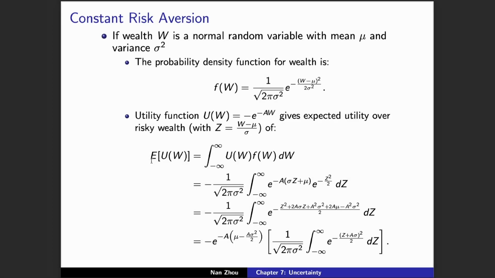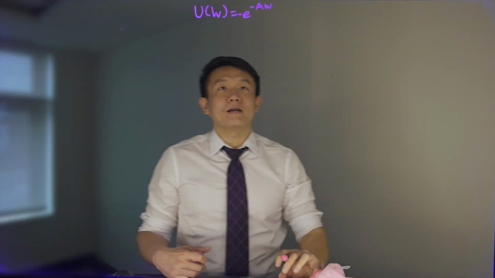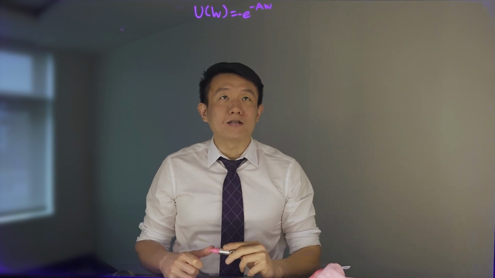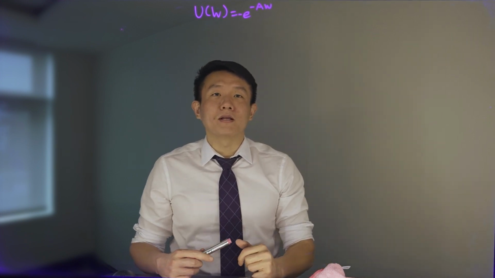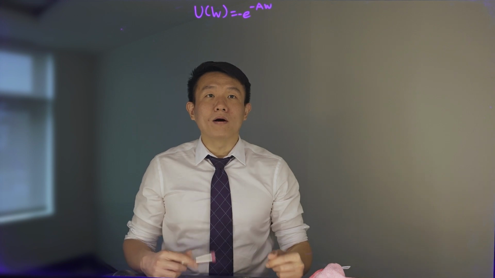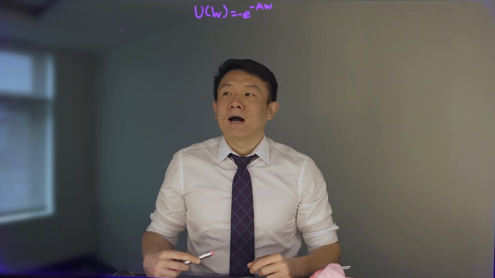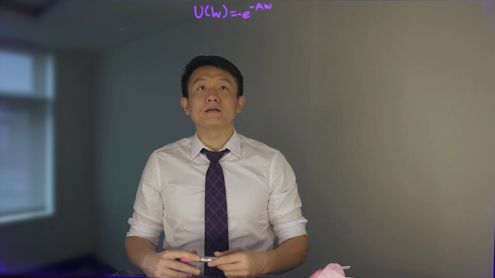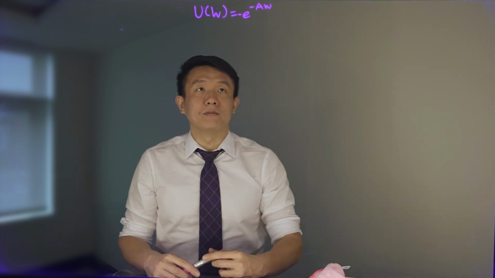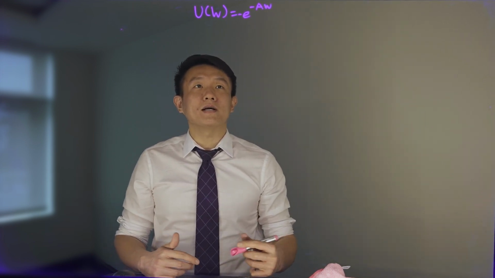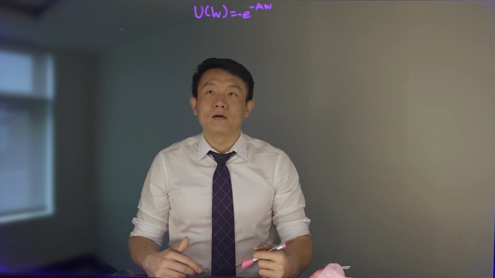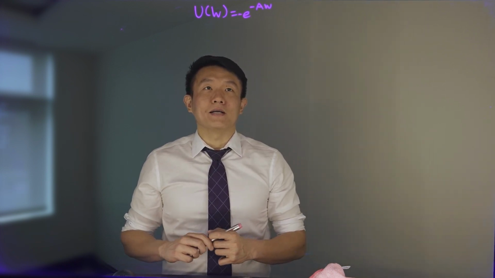If we have a constant absolute risk aversion utility, so something like this, then that's not exactly the most plausible functional form, since we do have plenty of evidence that wealthier individuals are more willing to take on risks. However, the reason that we use this utility form a lot is because it plays pretty nicely with the Gaussian PDF.